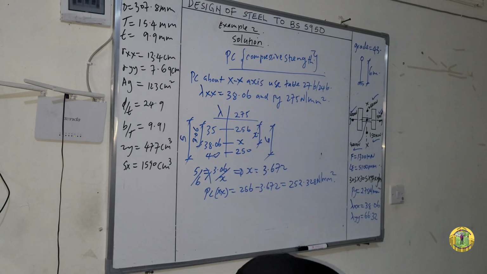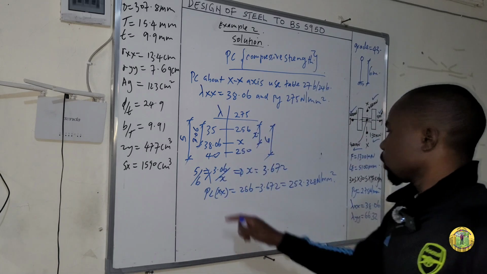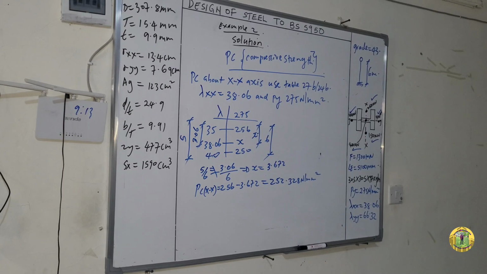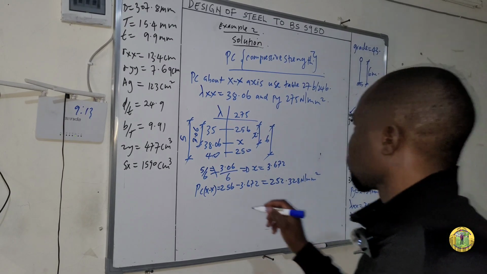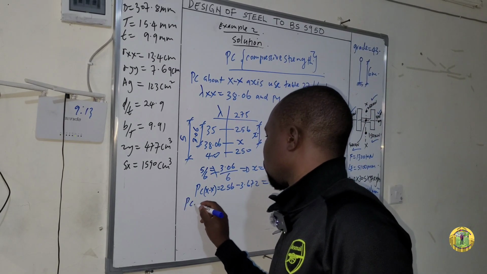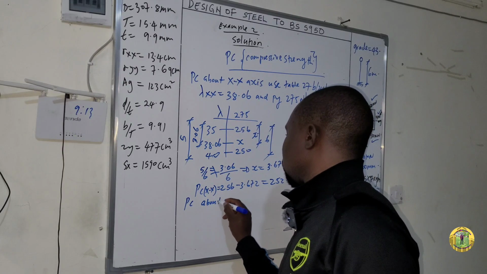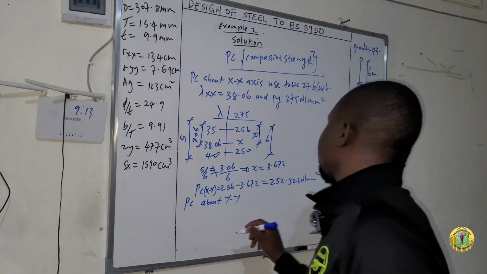So this is PC for about the xx axis. So let's obtain again a PC about the yy axis.